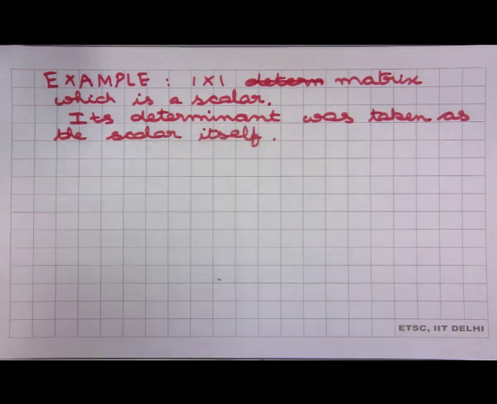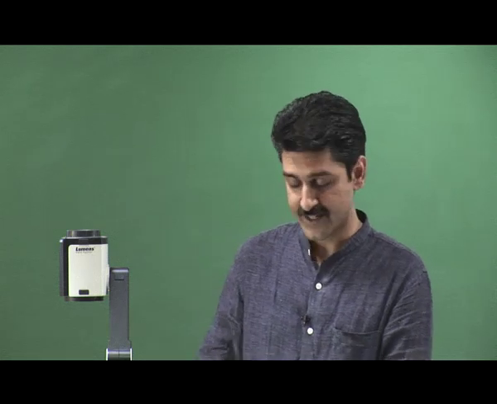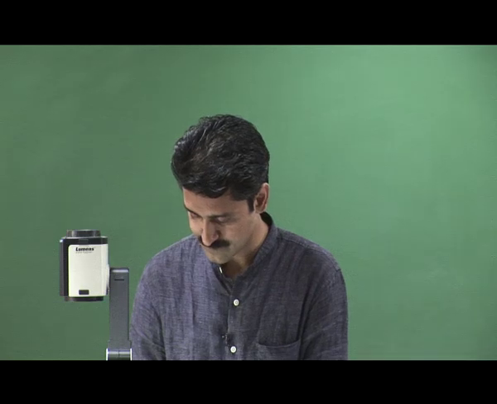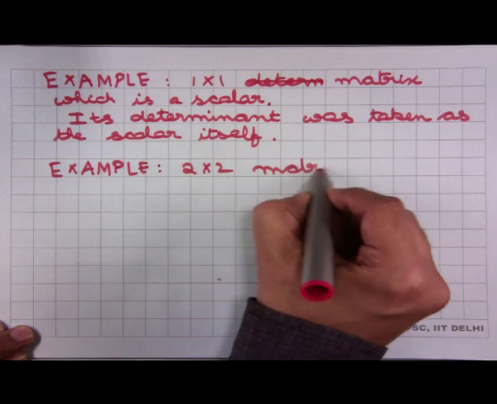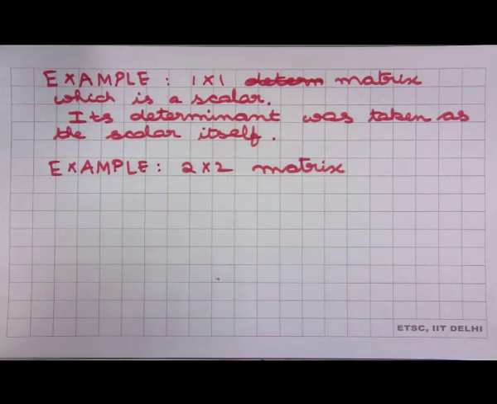Okay. So a 1 by 1 matrix anyway is a scalar, and its determinant is the scalar itself. Next, a 2 by 2 matrix, let us see what it comes out to. We have already worked with a 2 by 2 matrix, but now let us do it in a formal, rigorous setting.